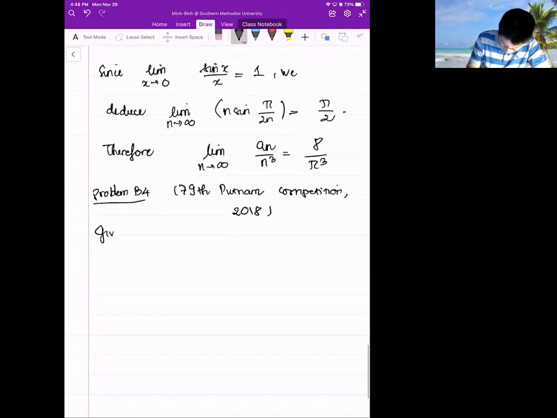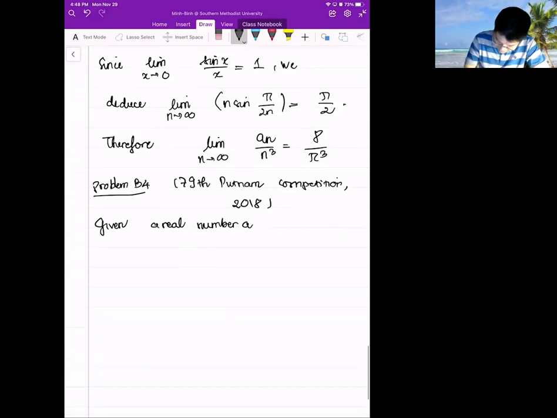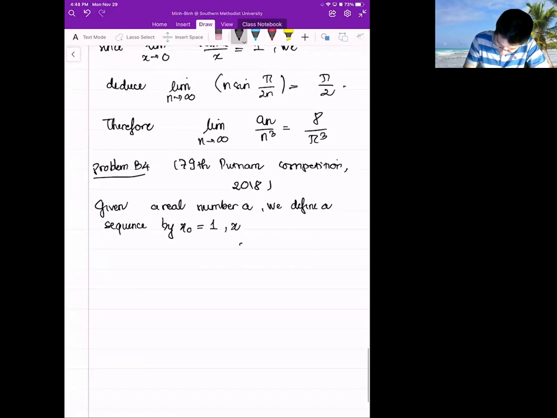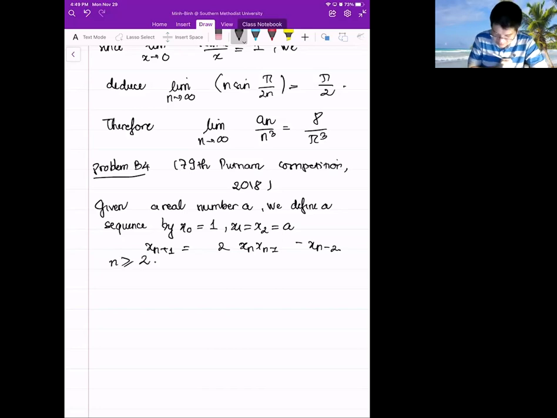Given a real number A, we define a sequence by x0 to be 1, x1 and x2 are both A, and then x_{n+1} is 2 x_n x_{n-1} minus x_{n-2} for n bigger than or equal to 2.